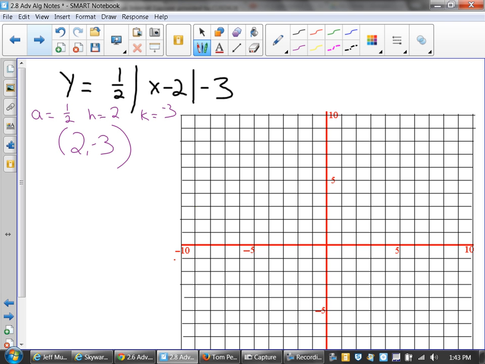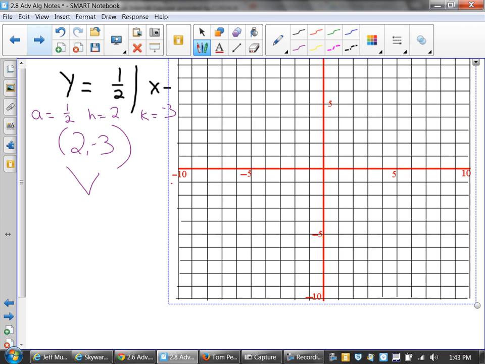And is this going to open up or down? I want to say up like a cup, but that doesn't look like a cup. Oh, no, look at the parentheses. Anyway, so I go to 2, -3. Let me move this up a little bit here.